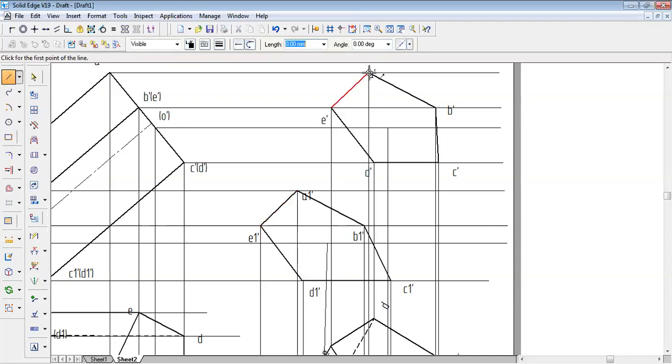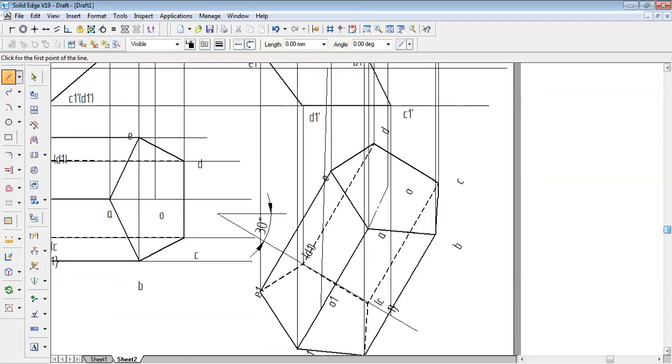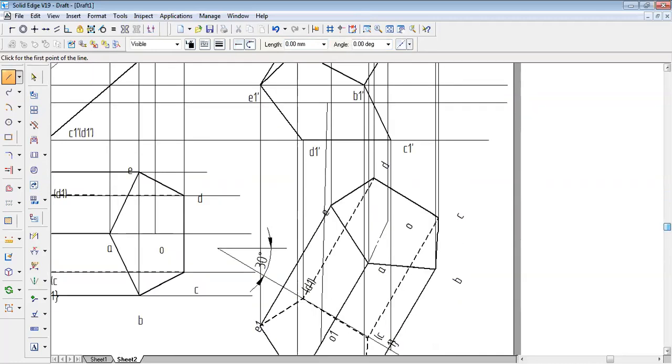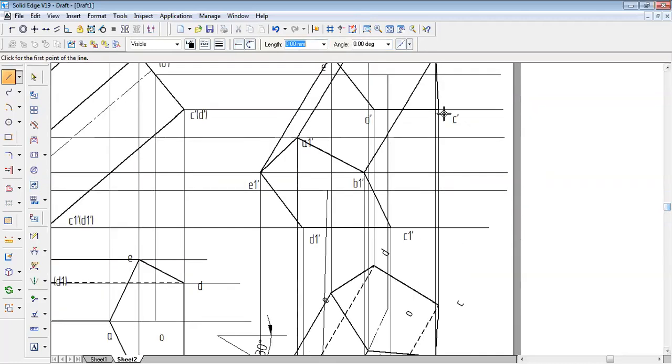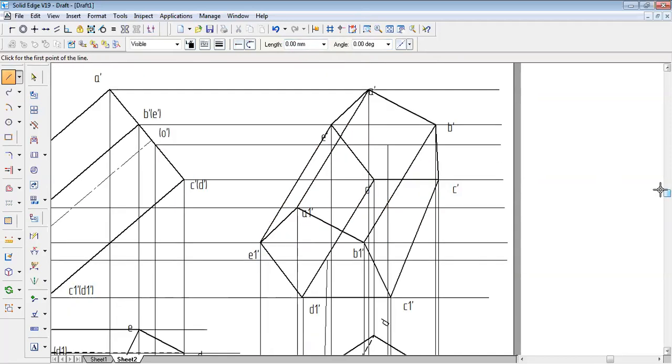Okay. Next the lateral faces will come: A to A1, E to E1, B to B1, C to C1, then D to D1. All the faces like this.